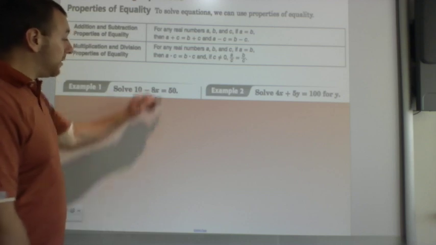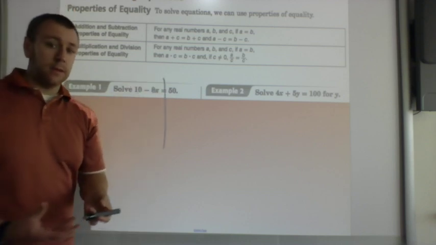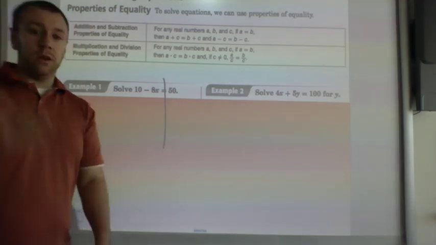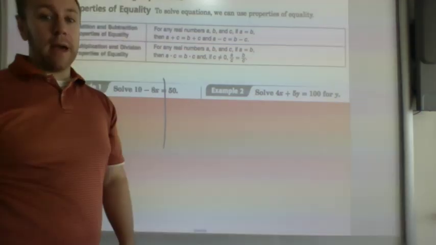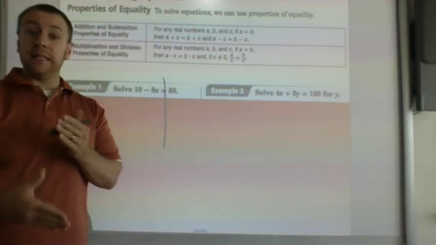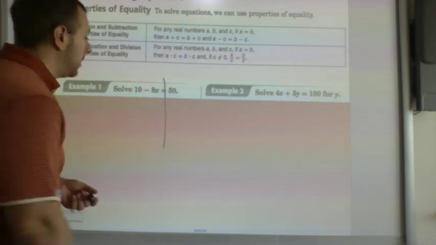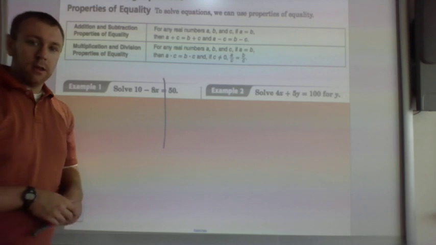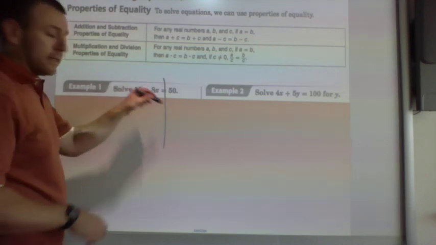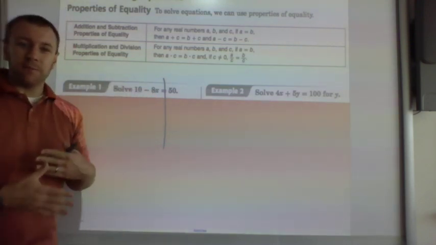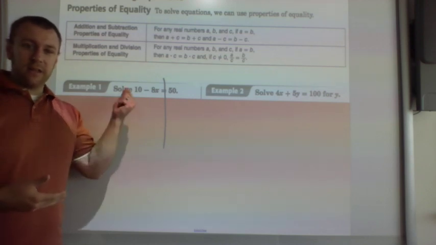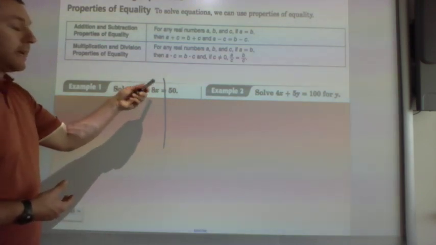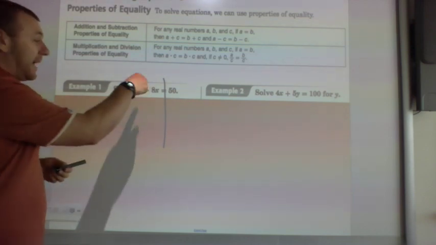So in this case, I am solving for x. The trick with this is I have to start PEMDAS backwards. So I have to start with that addition or subtraction first. Well, oftentimes students say, well, I'm subtracting 8, so I'm going to add 10 on both sides. Well, that's not the sign of 10. We talked about it before. This is 10 minus 8x. So that 8 is negative.